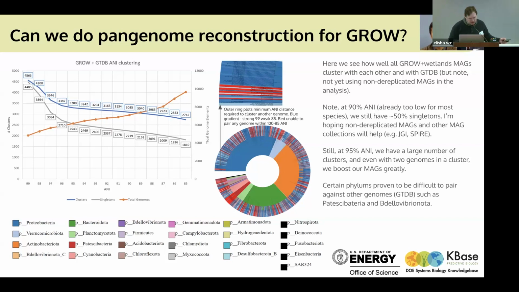Essentially, if you start with 100% ANI, this is how many mags we have. As we decrease the average nucleotide identity that we allow to use in our clustering, we get more and more consolidation of mags and more recruitment from the GTDB database that we're mining against for the isolates.